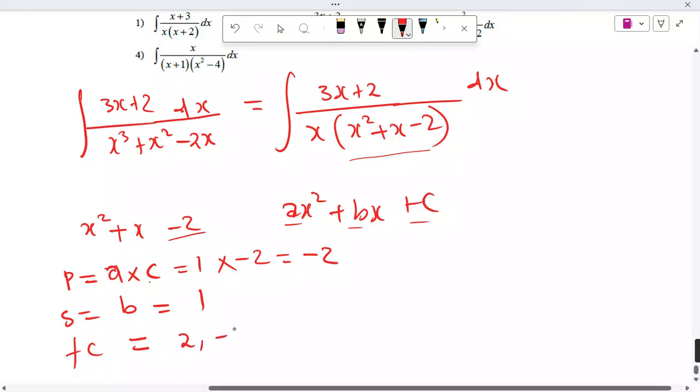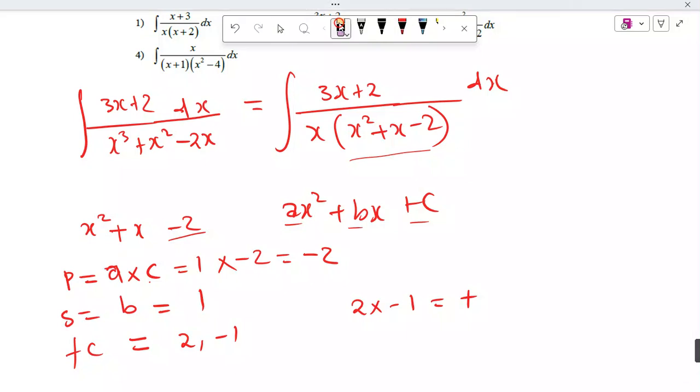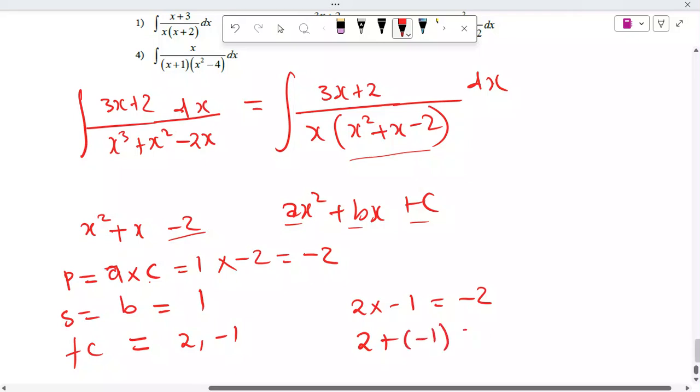So it's 2 and negative 1. 2 multiplied by negative 1 gives negative 2, and 2 plus negative 1 gives 1. So this is the same as the sum here, and this is the same as the product here.